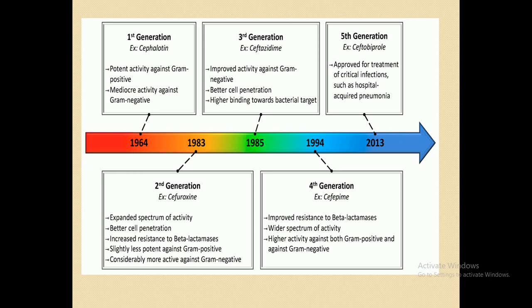So if we compare the antibacterial activity of the first generation with the third generation, the gram-negative activity of the third generation will be greater than that of the first generation.